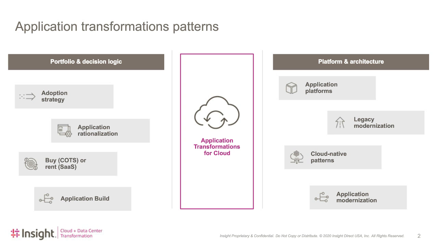And then you have to round it out with your operational model and what needs to change so that you can manage and operate efficiently wherever the workloads reside. And finally, you have to have an understanding of your governance, security, et cetera.